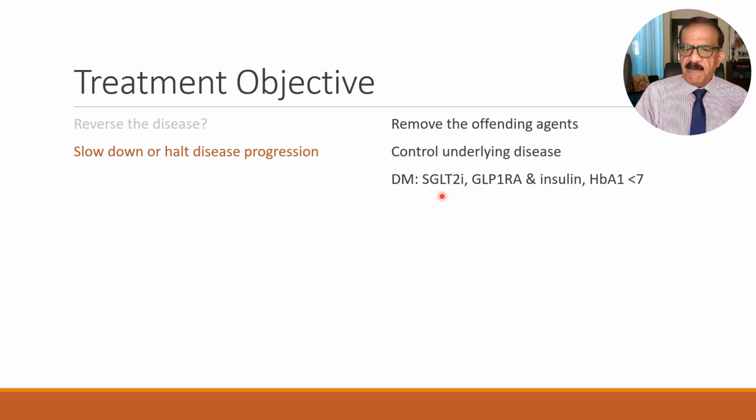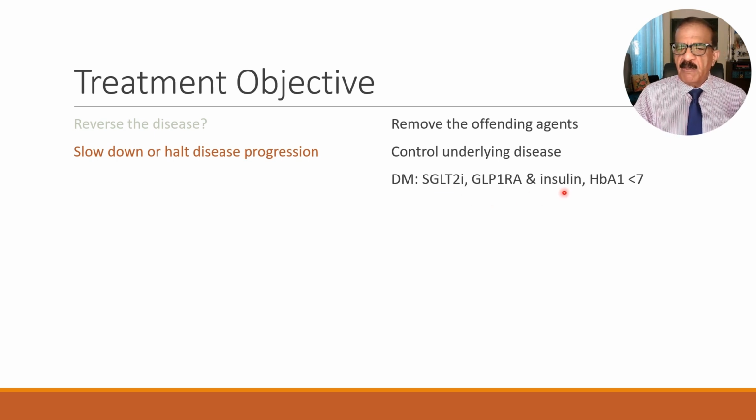Some drugs are typically discontinued or at least the dosage is reduced. Like for example, metformin, if the GFR is less than 45, then we restrict metformin to 1 gram, and if it is less than 30, we then stop it and we do not start it in a new patient.